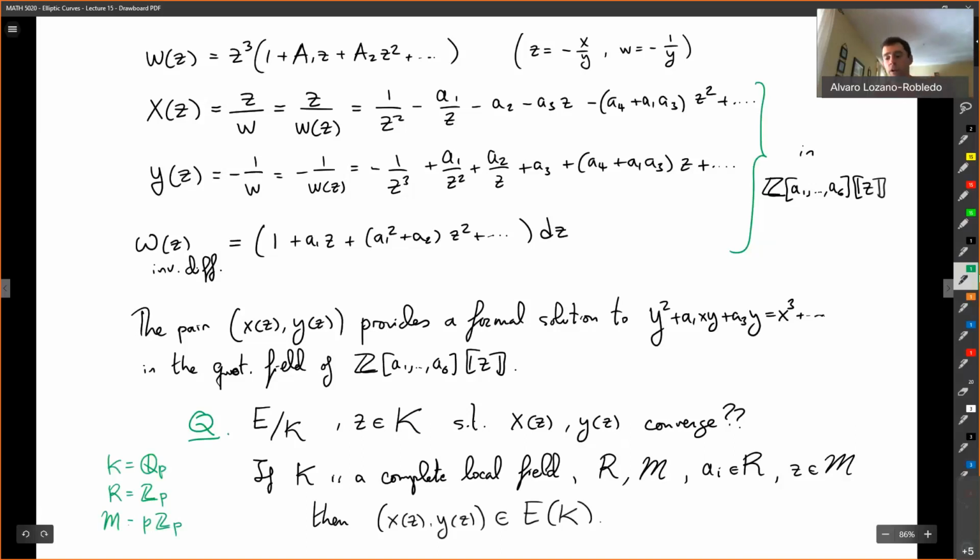So as long as you put a Z value that is a multiple of p times Zp, then this is going to converge to something.